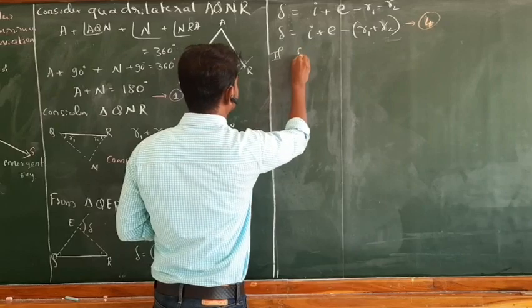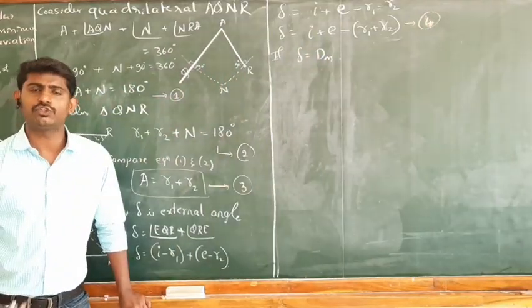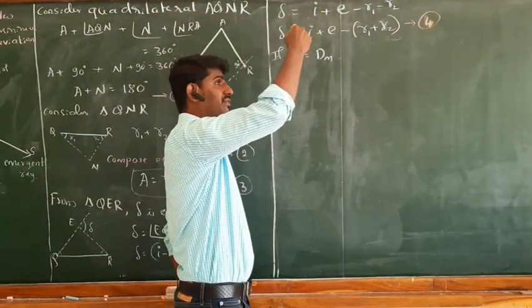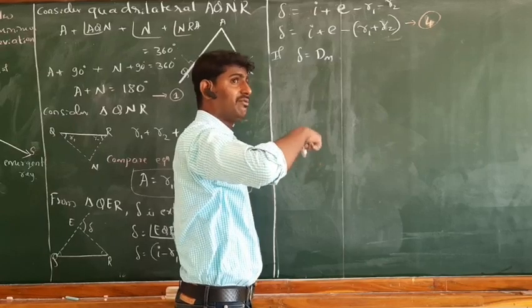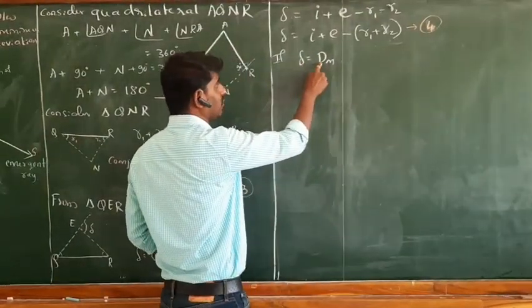If the deviation attains the minimum value, which we call the angle of minimum deviation, so simply, if the deviation arrives at the minimum value, we call it minimum deviation. So now delta is equal to Dm.